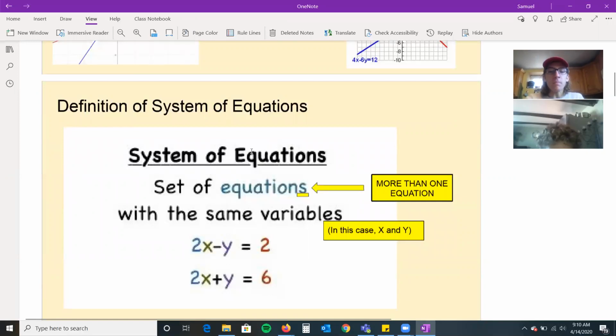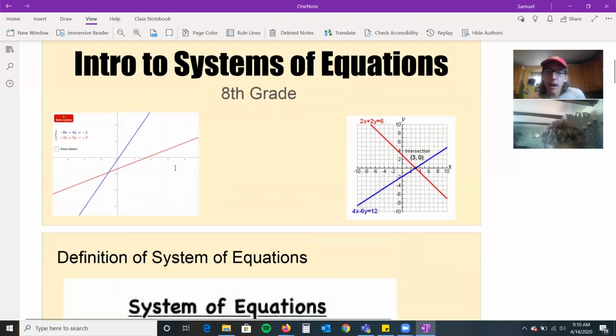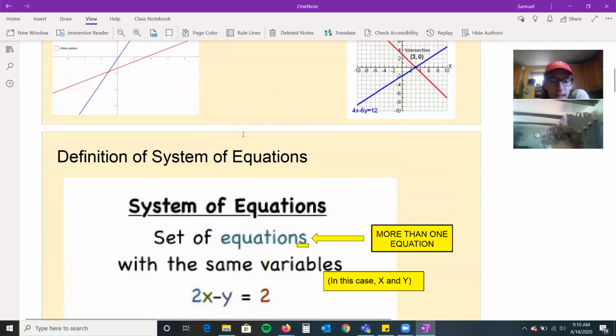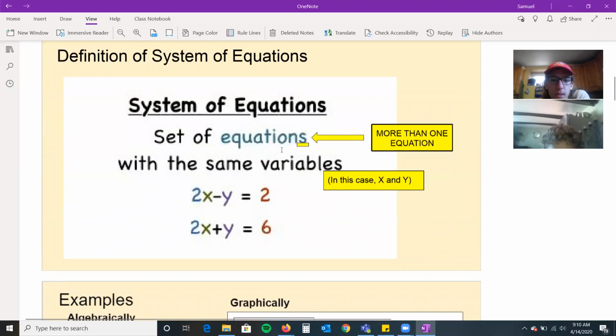Just like before, how we graphed a linear equation, if you have more than one linear equation, or even non-linear equations, but usually it's going to be just linear equations, if you have 2 or more lines that have the same variables, it's a system of equations. In this case, the same variables are x and y.